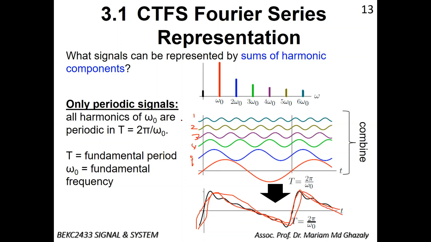Each of these small waveforms is represented by its own frequency. For example, this signal is 6 omega naught, this second signal is represented by 5 omega naught, and the third signal is represented by 4 omega naught, and so on.